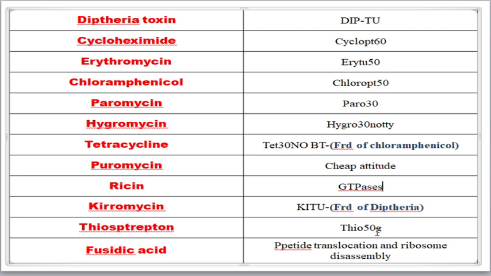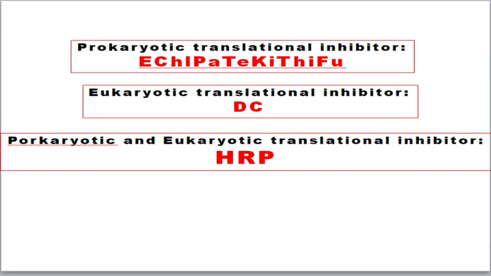Thiostrepton is THIO50G. And fusidic acid inhibits peptide translation as well as ribosome disassembly. So the next thing, prokaryotic translation inhibitors, I C M R. Prokaryotic translation inhibitors include erythromycin, chloramphenicol, paromomycin, tetracycline, Puromycin, thiostrepton, and fusidic acid.